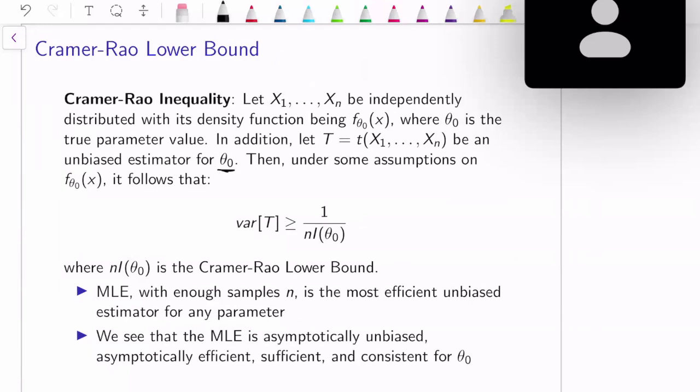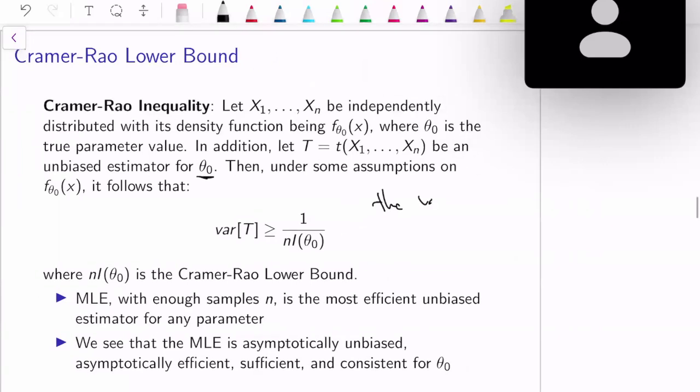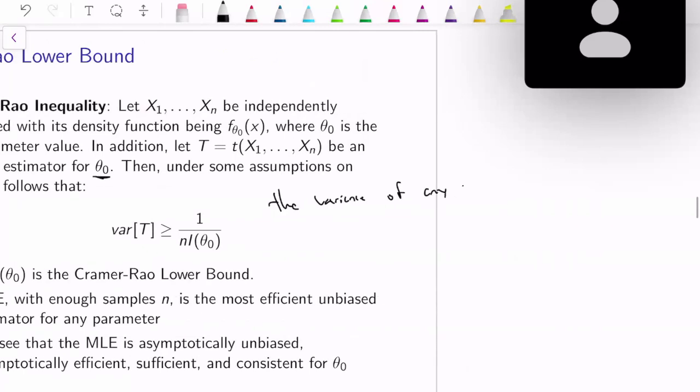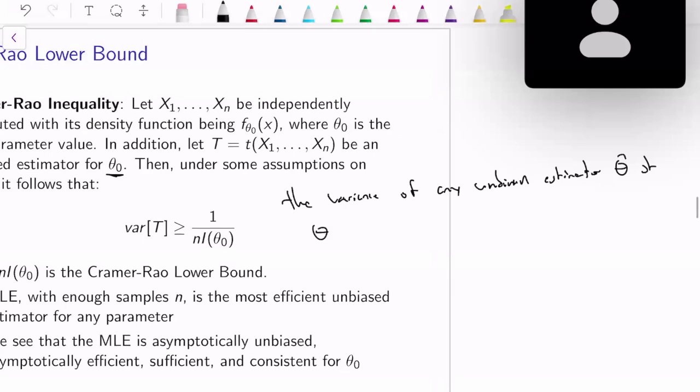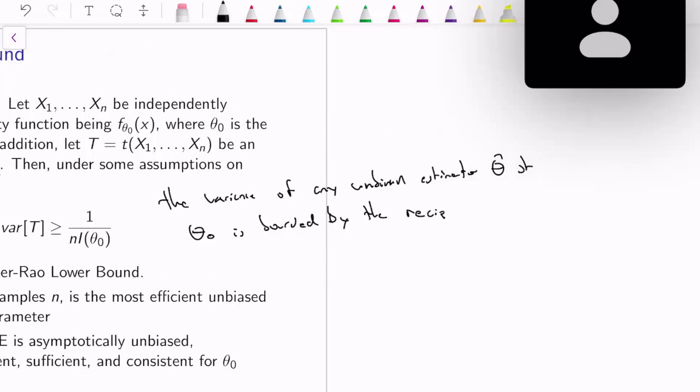So what it's saying is that the variance of any unbiased estimator, let's just call it theta hat, is bounded by the reciprocal of the Fisher information.